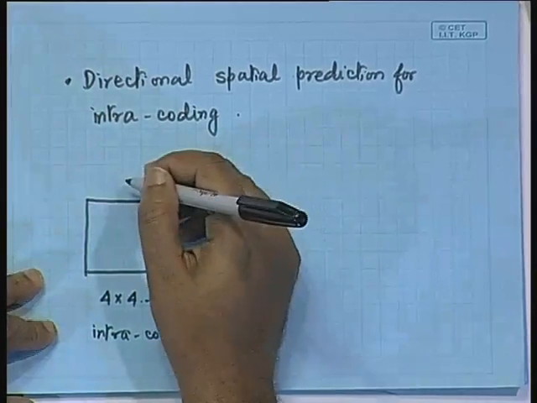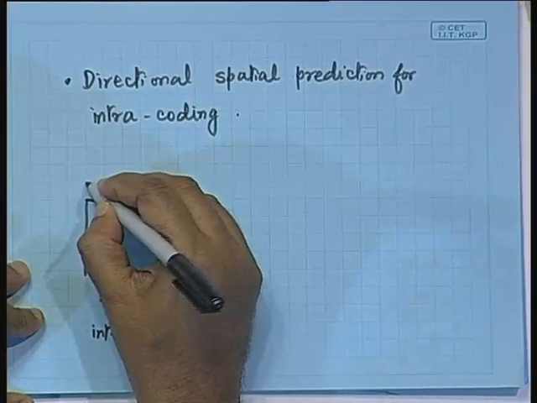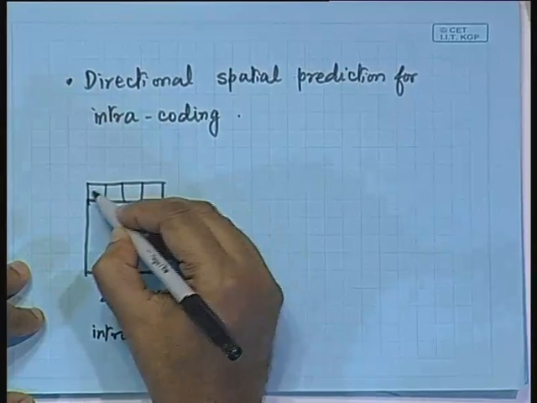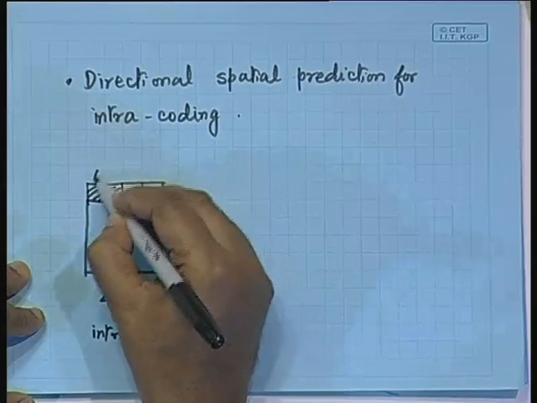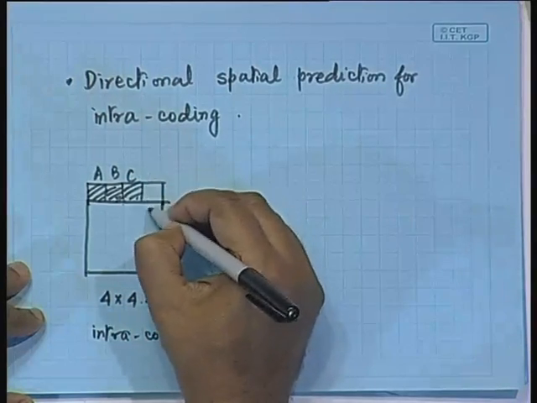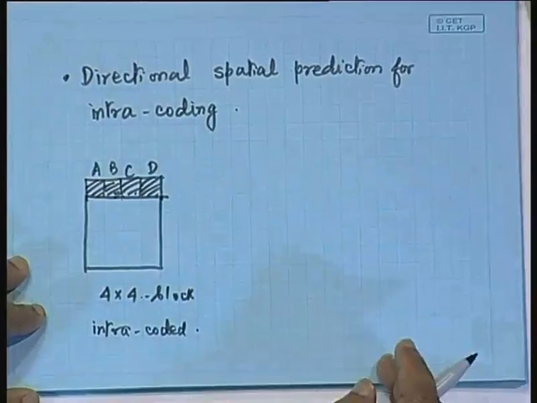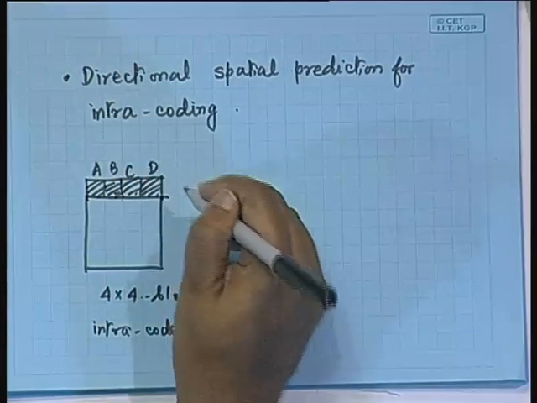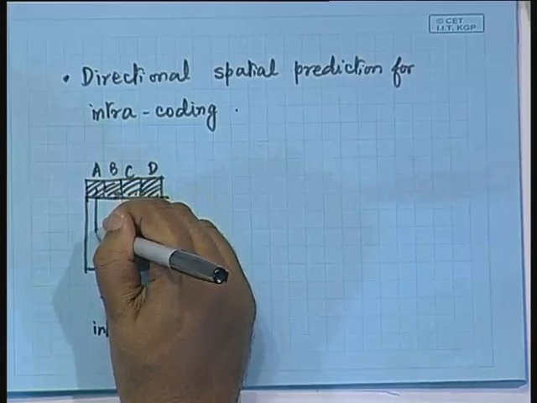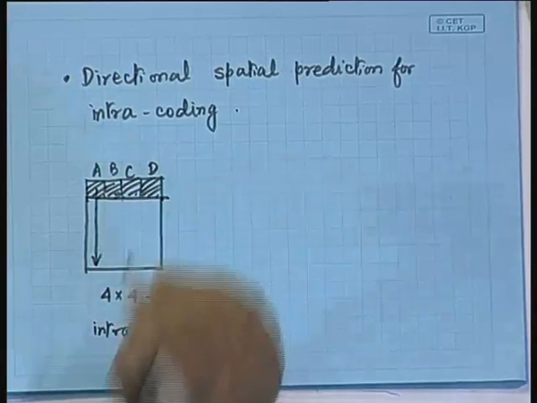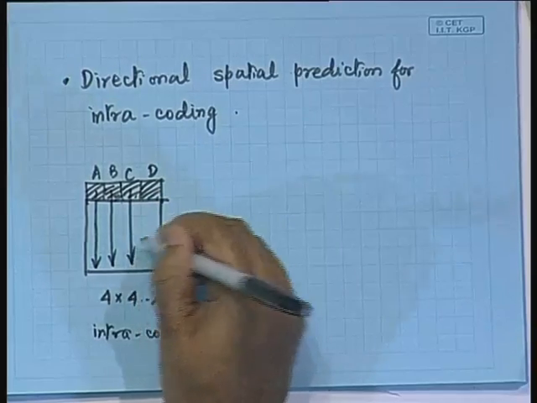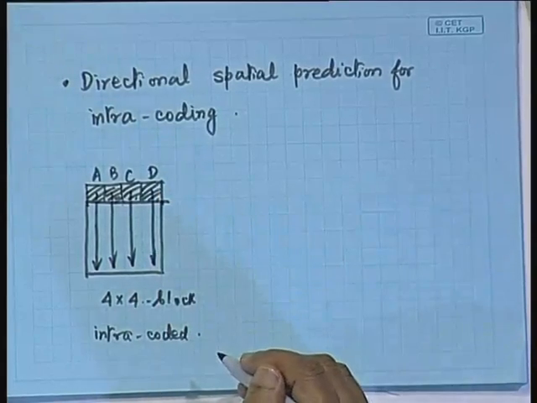One way we can do this is to take the 4 pixels immediately on top of this block: pixel A, the pixel B which lies just above this, the pixel C, and the pixel D. Now, I can use these 4 pixels A, B, C and D to predict this intra-coded block by simply copying A's intensity values into all these 4 positions, B into all these 4 positions, C into all these 4, and D into all these 4.